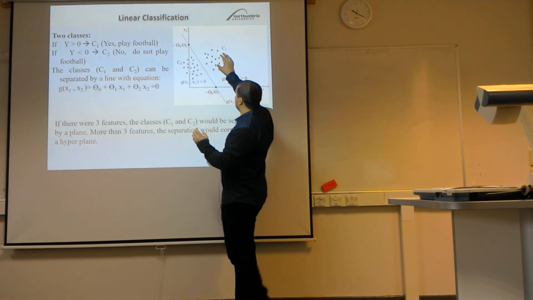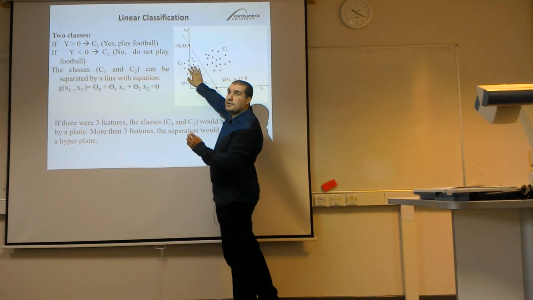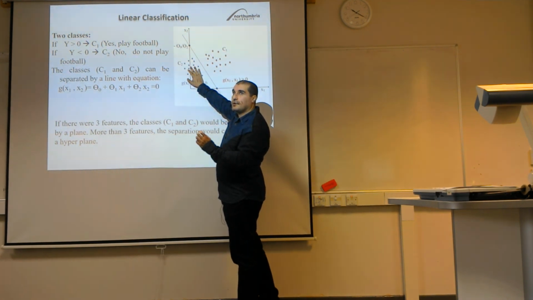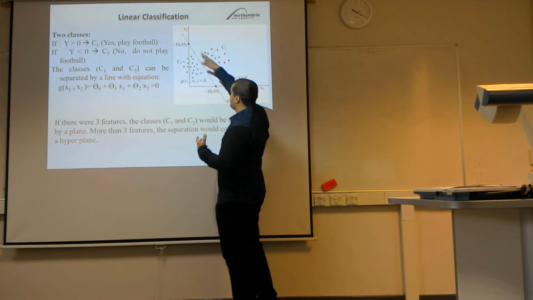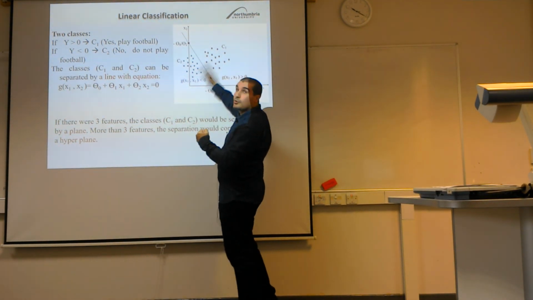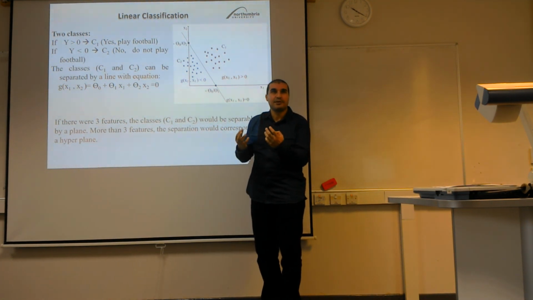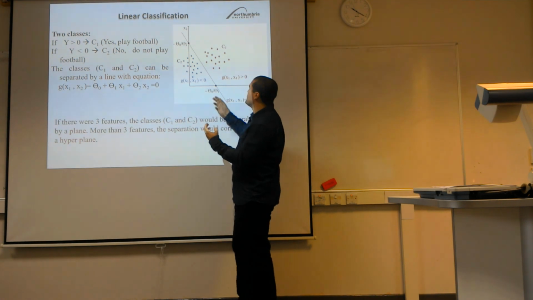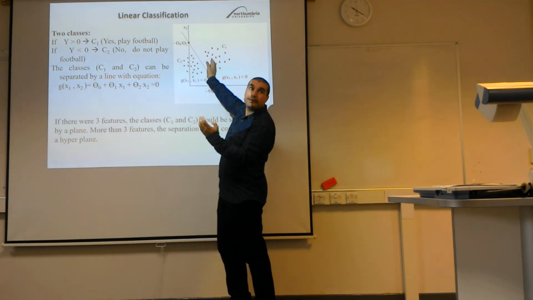So we have samples representing class 1 and other training samples representing class 2. Now how can we design a straight line that can perfectly separate the two classes? Once you separate the two classes, the decision will be straightforward. If the sample is located above the straight line, the decision is C1.